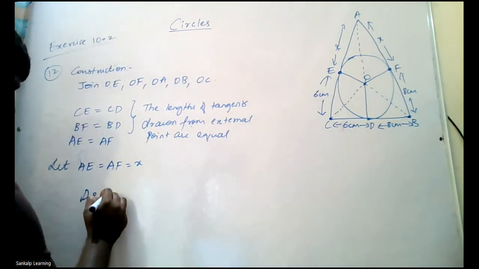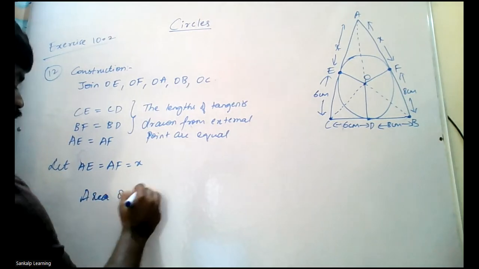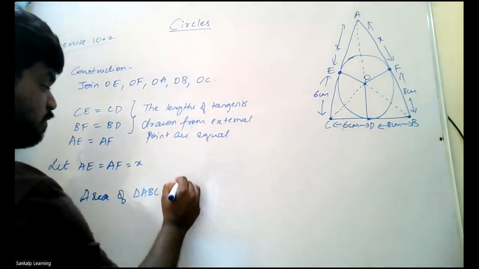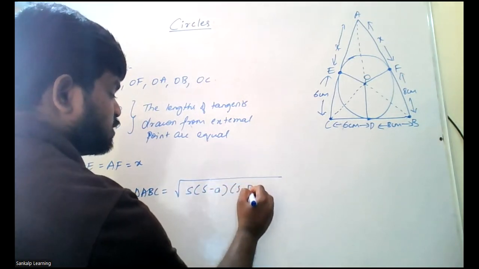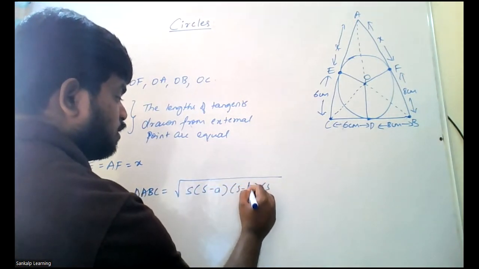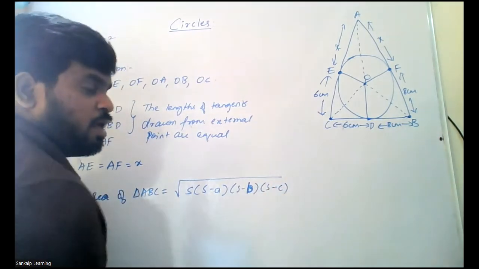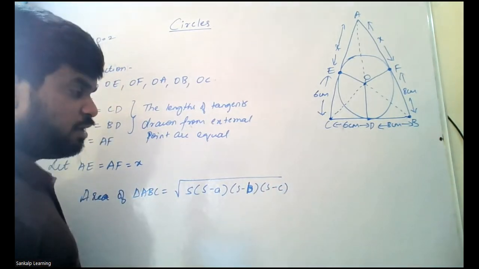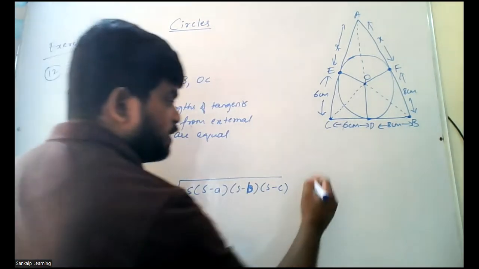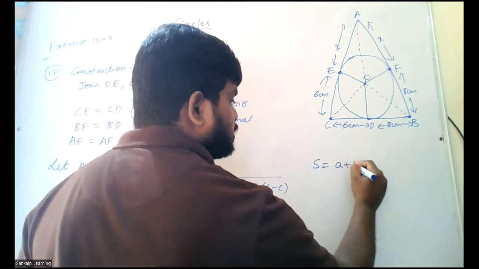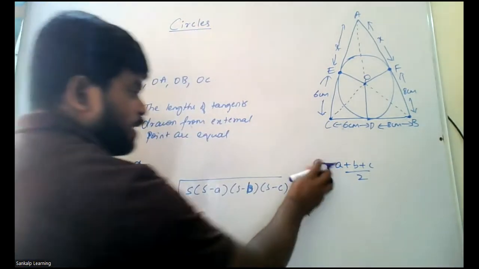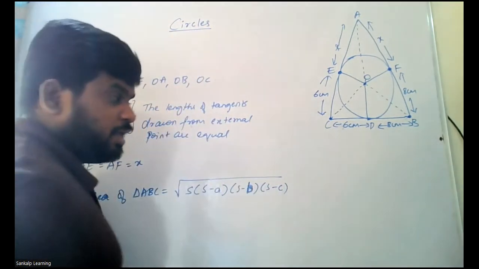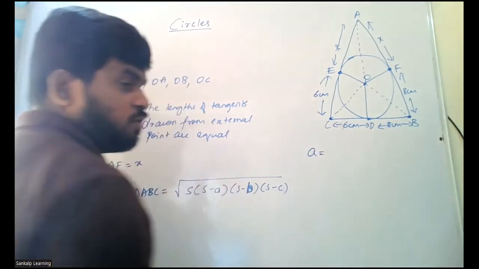So area of the bigger triangle, area of triangle ABC, is given by square root of s into (s minus a) into (s minus b) into (s minus c). a, b, c are the sides of the triangle. And s is the semi-perimeter. s is equal to (a plus b plus c) divided by 2. Semi-perimeter. Half of perimeter. Okay. What is a? a is the side of the triangle.